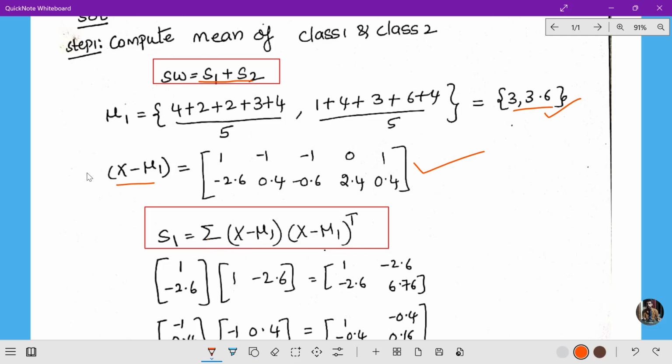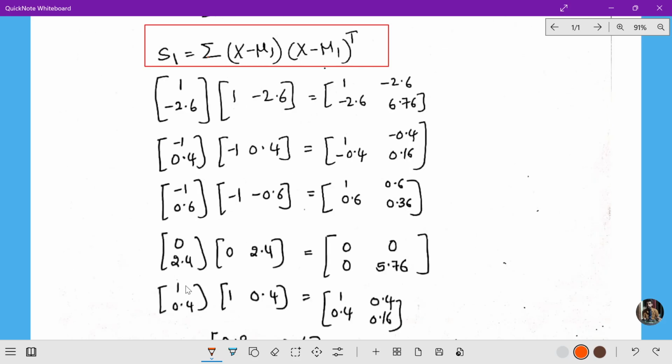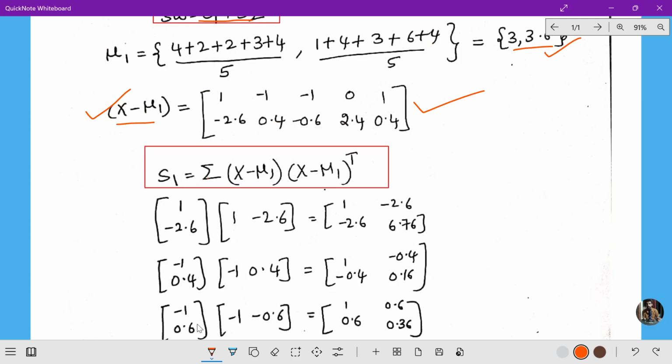We already completed this x minus mu1, which is equal to these values: 1, minus 2.6, and so on, minus 1, 0.4. We take all the values of this and transpose.